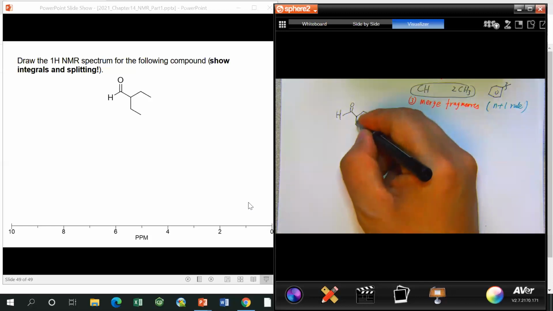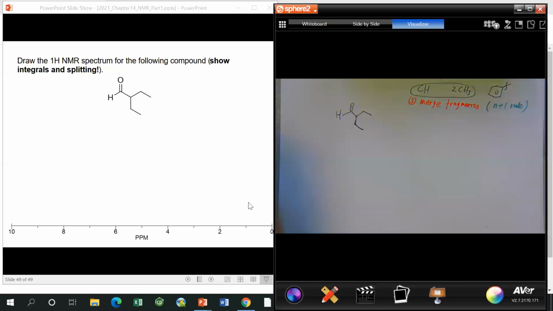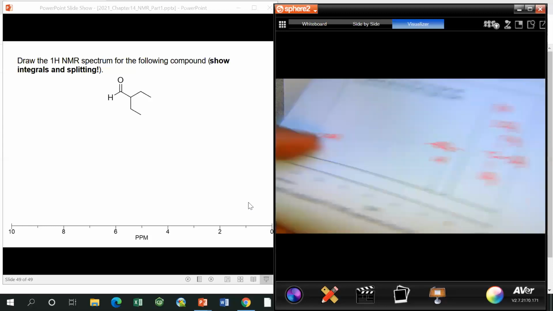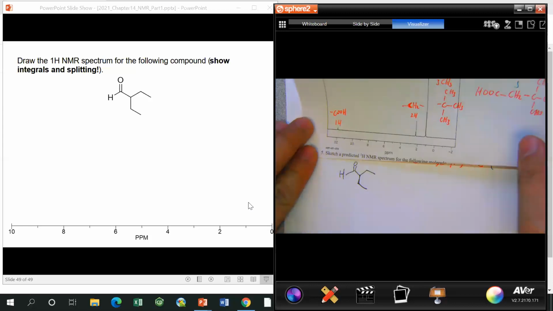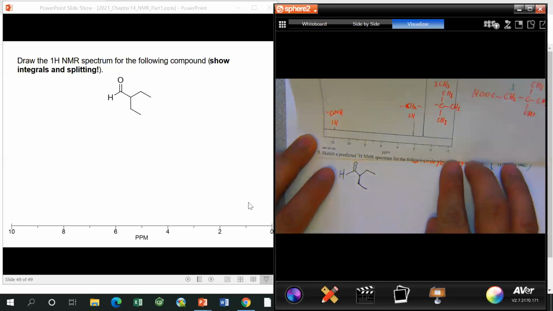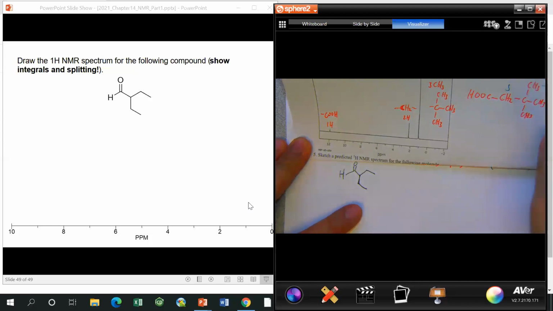Can anyone tell me how many different proton signals? Okay, let's do it this way, temporarily. All right, how many signals? So 3, 4? 4 is the right answer.